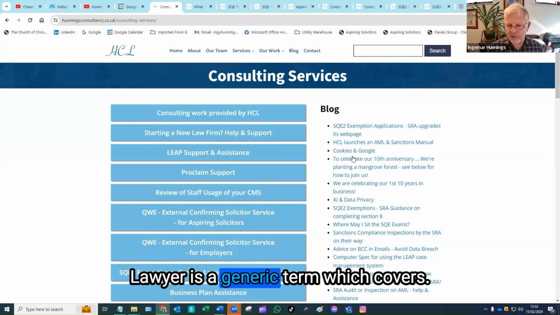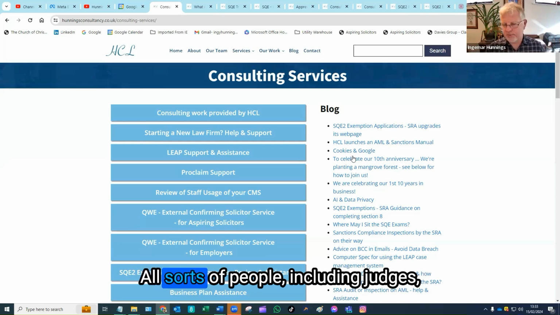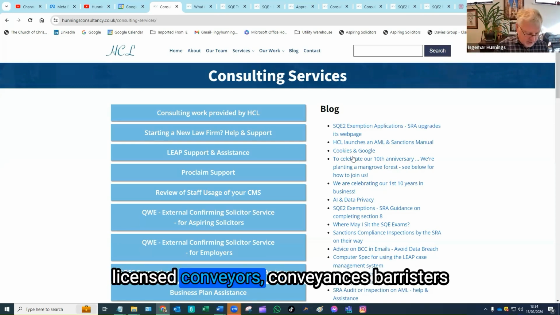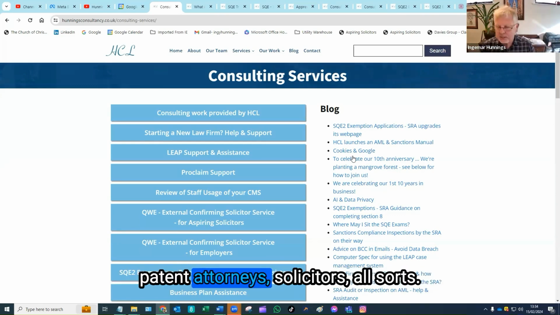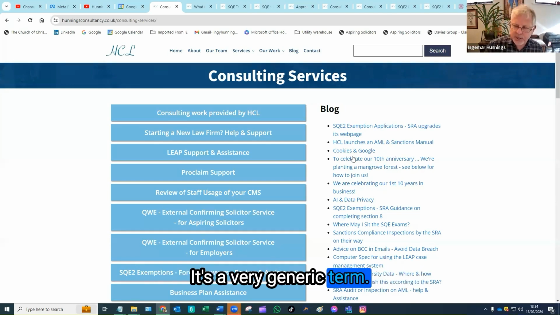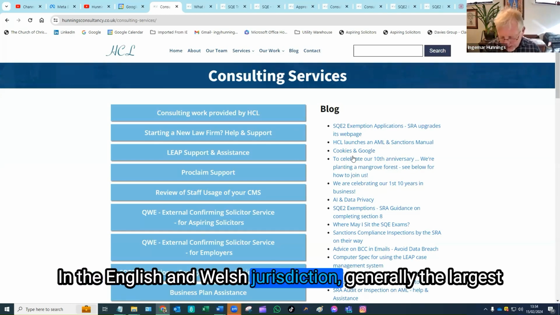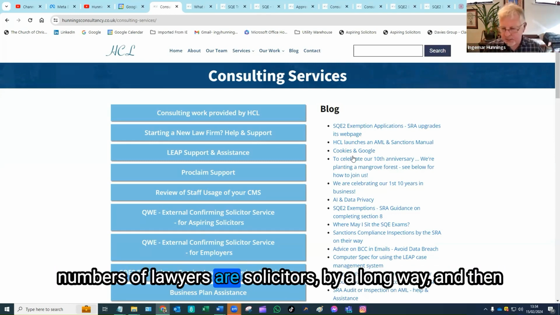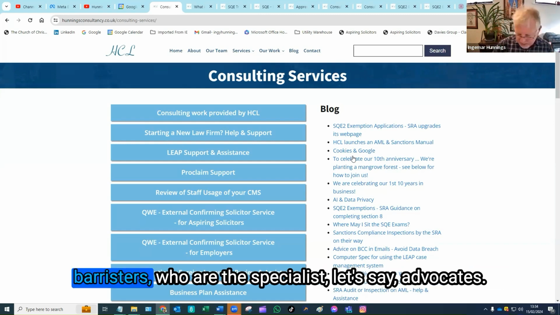Lawyer is a generic term which covers all sorts of people, including judges, licensed conveyancers, barristers, patent attorneys, solicitors, all sorts. It's a very generic term. In the English and Welsh jurisdiction, generally, the largest numbers of lawyers are solicitors by a long, long way, and then barristers, who are the specialist, let's say, advocates.